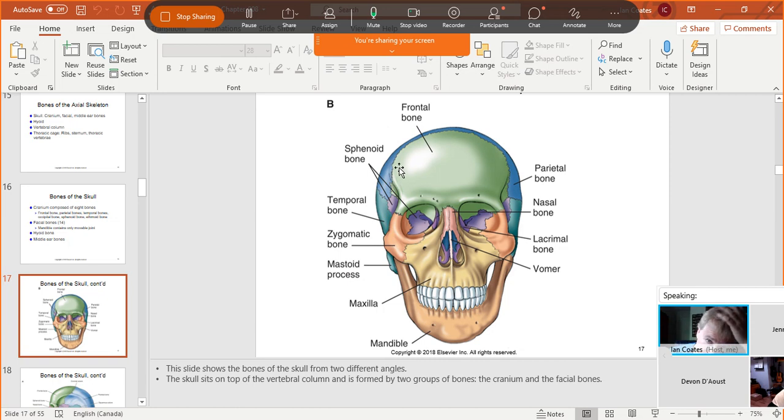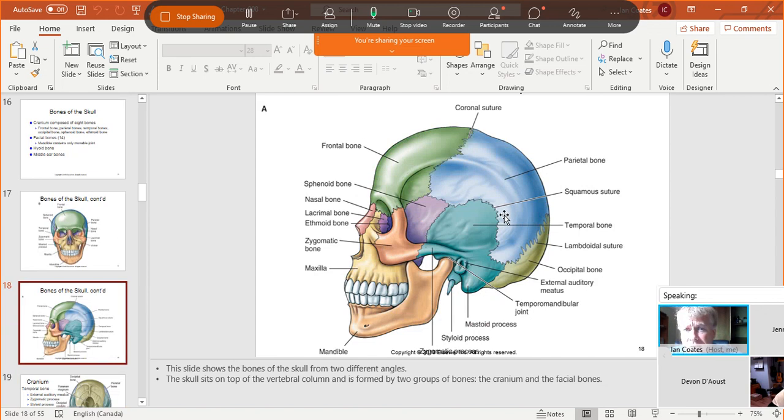Oh yeah, you've got the frontal bone, which is on the top of the skull. I think I do have better shots of this. You've got your parietal bone on the left side, parietal bone on the right side. The base of the skull here, you have your occipital. You have your temporal bone right here, and another one on this side.